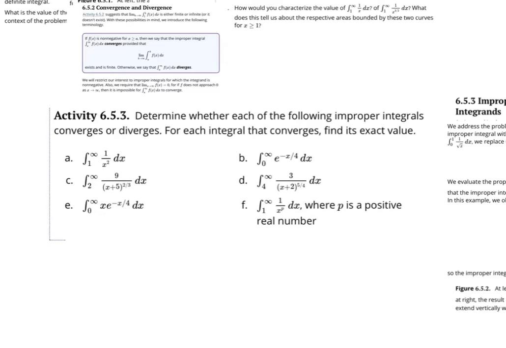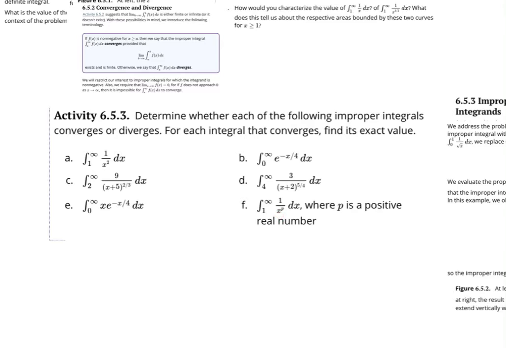But remember, you have to make these infinities a single letter. Usually we'll use b for that letter. And then after you calculate that integral where you're going to have some formula with b in it, you're going to let b go to infinity and see what happens.